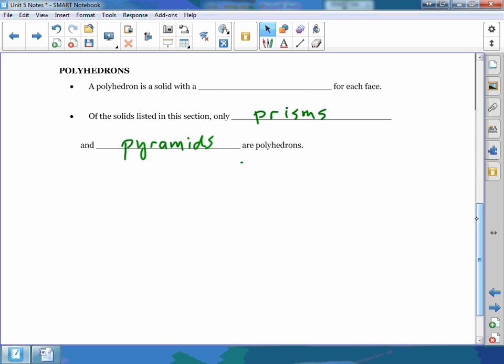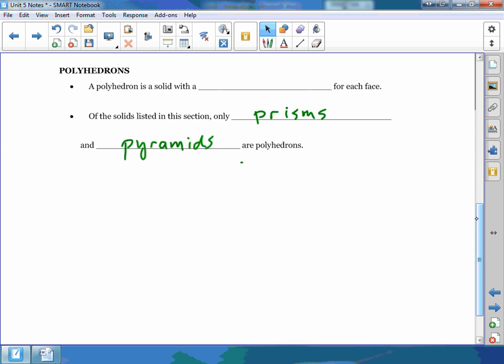Now the definition, it says a polyhedron is a solid with a what for each face. Now think about what prisms and pyramids have. Got both here. Versus like a cylinder or a cone. Like think of characteristics. What is the defining characteristic between these shapes?